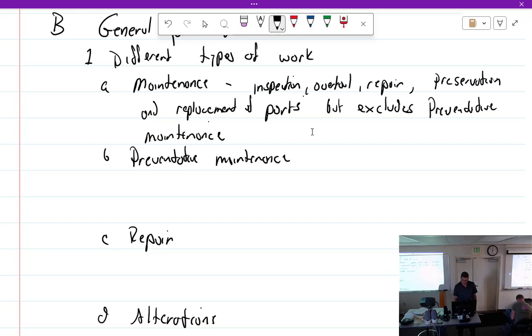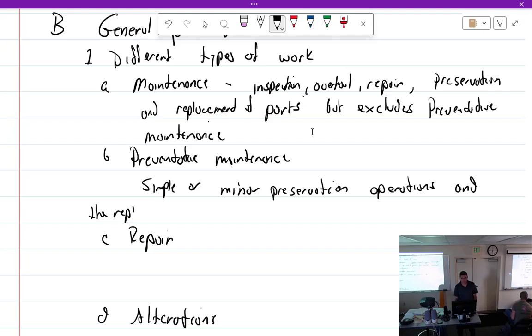So, simple or minor preservation operations, and the replacement of small standard parts.